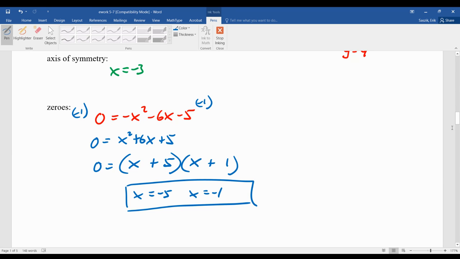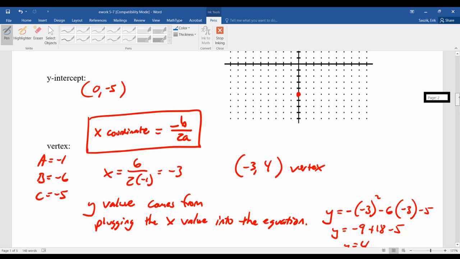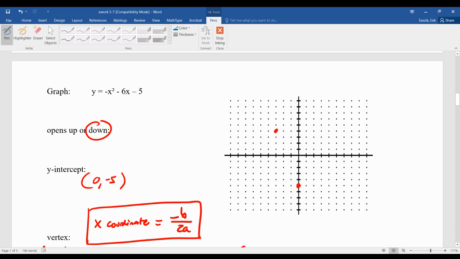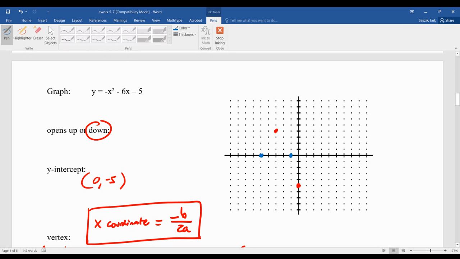So I'm going to go back up to the graph now. And I'm going to go to the -1 and -5. And there are my 4 critical points. Now remember, because of symmetry, well, here, I'm going to draw the axis of symmetry. Remember, it goes straight down through the vertex.